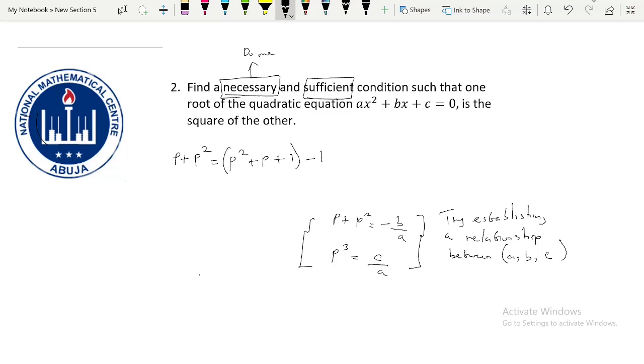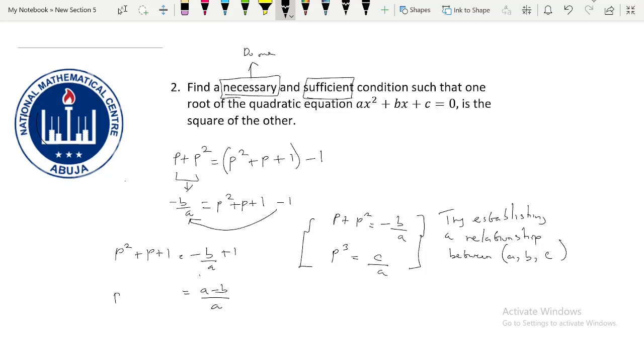If I bring this one here, I have p squared plus p plus 1 is minus b over a plus 1, which is a minus b over a.